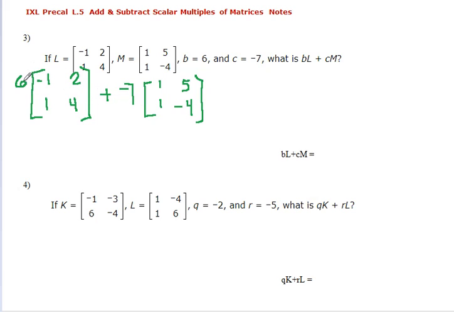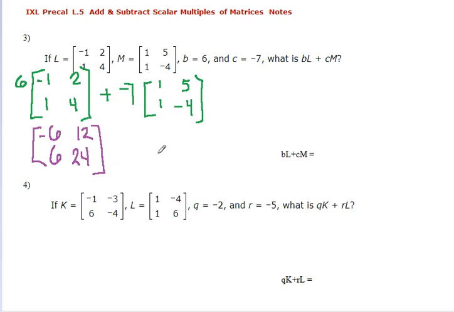So if we do the math here, 6 times negative 1 is going to give us negative 6 in that spot. 6 times 1 is going to give us 6 there. 6 times 2 is going to give us a 12 in this spot. 6 times 4 is going to give us 24 in this spot.